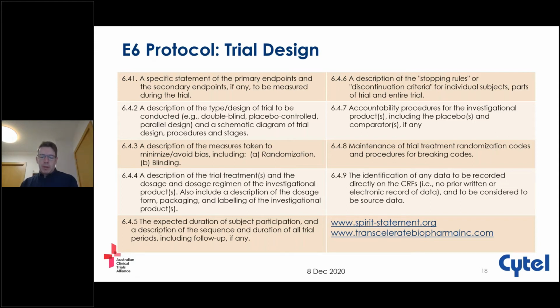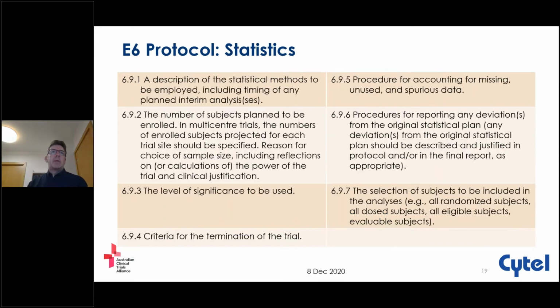Just the last thing I'm going to say about E6 is about the statistics section. The guidance in the statistics section of the protocol looks a bit like this. It says that a description of the statistical method should be used. The sample size should be justified, including level of significance and so on. So you can tell that this is written in the frequentist era before Bayesian analyses came along.